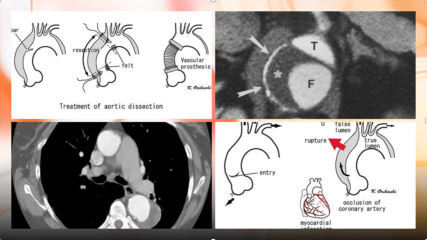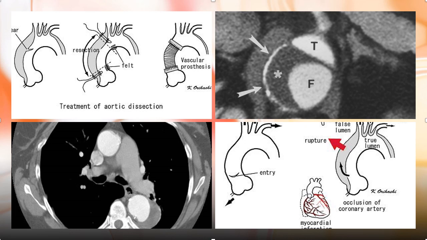Another serious problem is if it occludes the coronary artery, it will cause acute myocardial infarction. If it occludes cerebral vessels, it will cause cerebrovascular stroke. If it occludes spinal arteries, it will cause paraplegia.